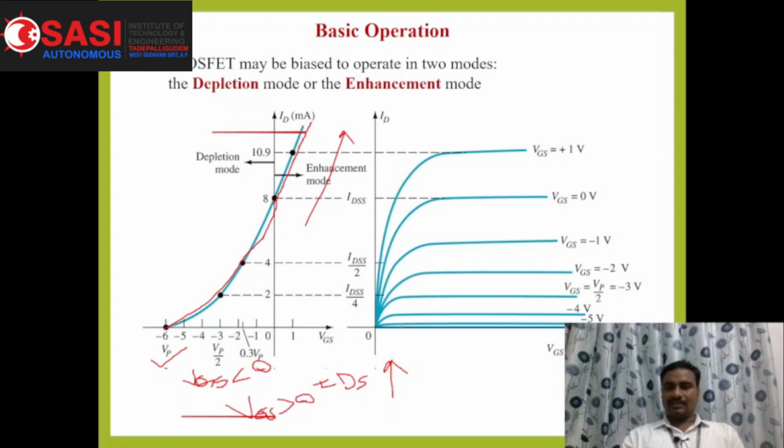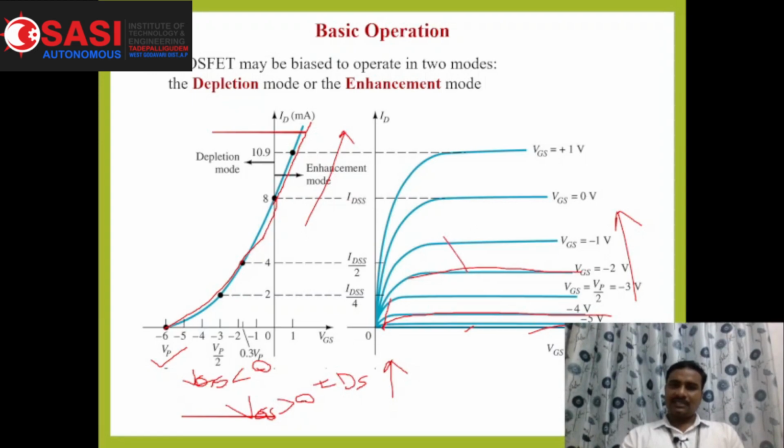Then the corresponding output characteristics indicate that at VGS equal to minus 5, minus 6, or up to 0, we are operating in the depletion mode of operation. Though there is a cutoff region, active region and saturation region, it is still in a depletion mode of operation.